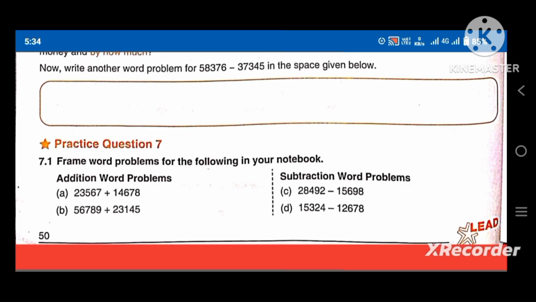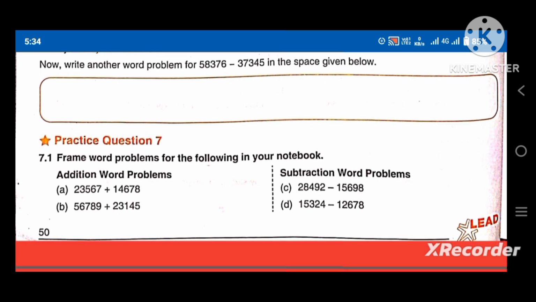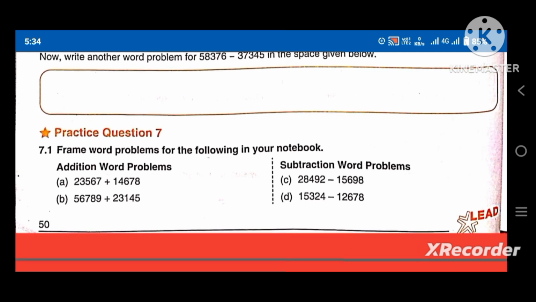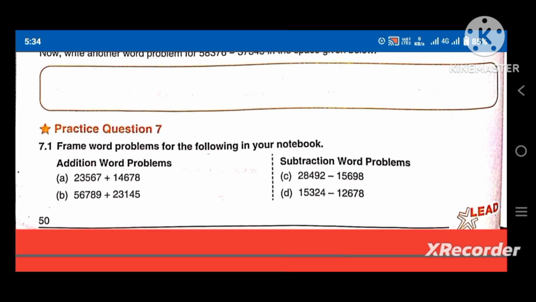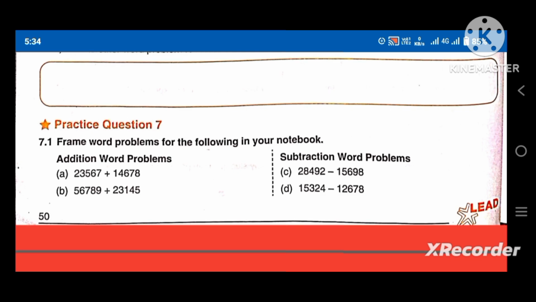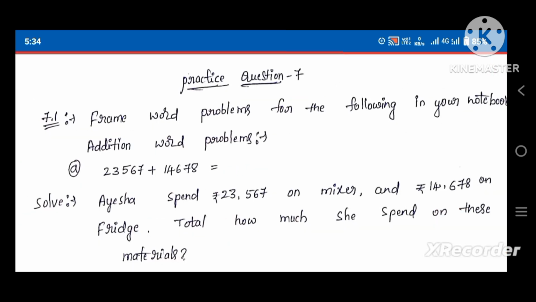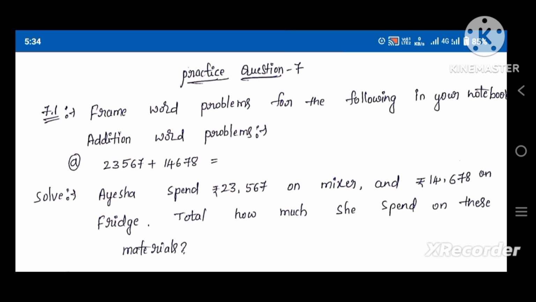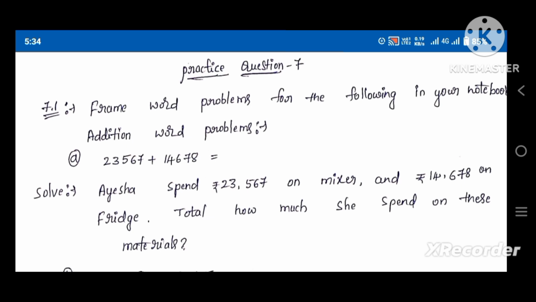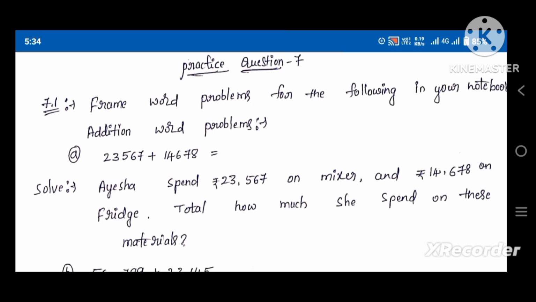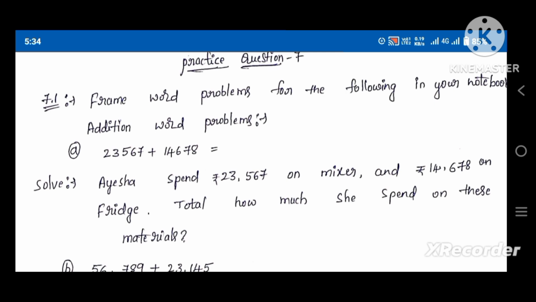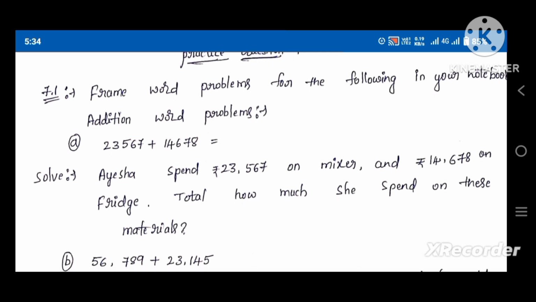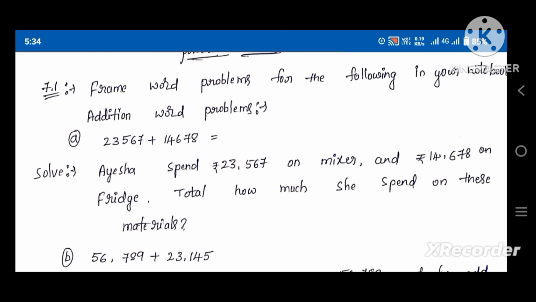Practice question number 7. Frame word problems for the following in your notebook. Practice question 7.1, A. 23,567 plus 14,678.